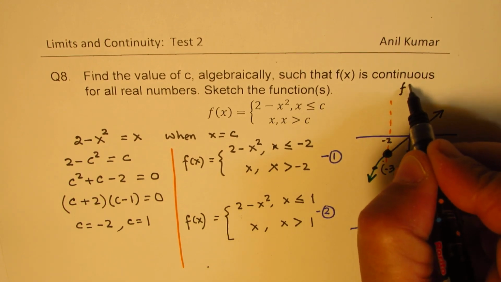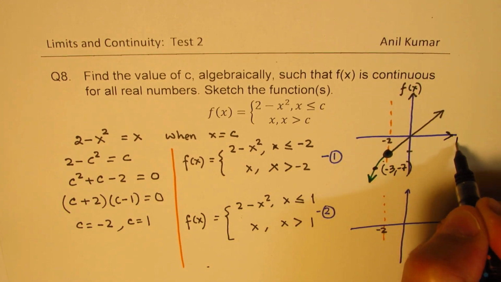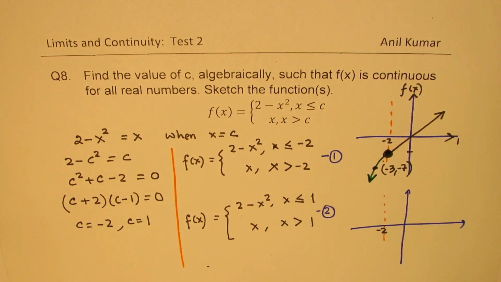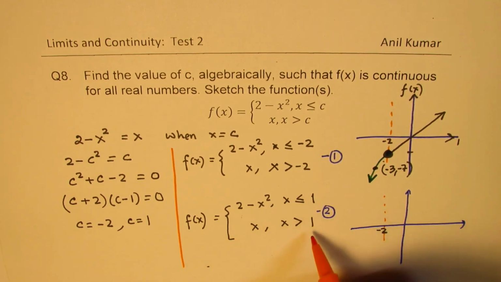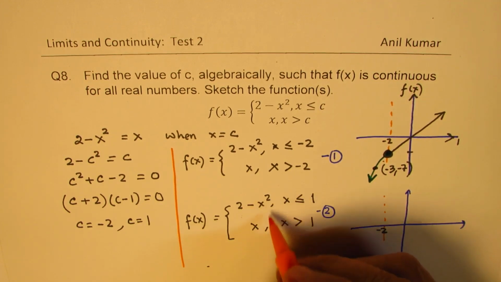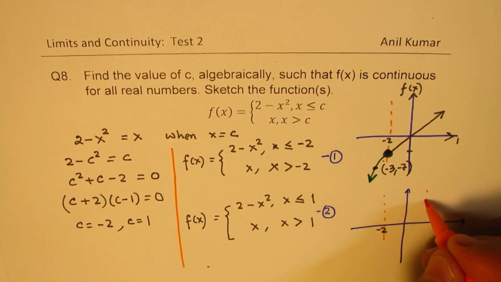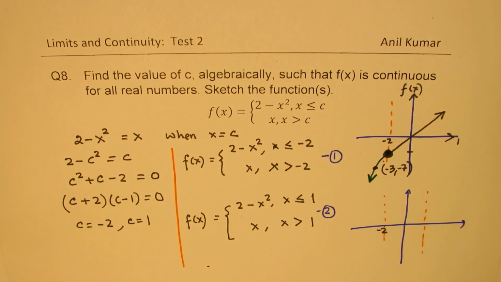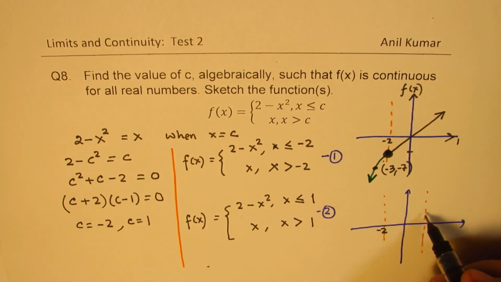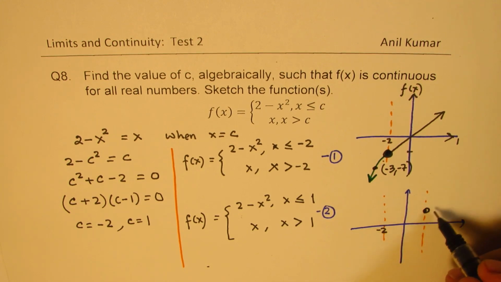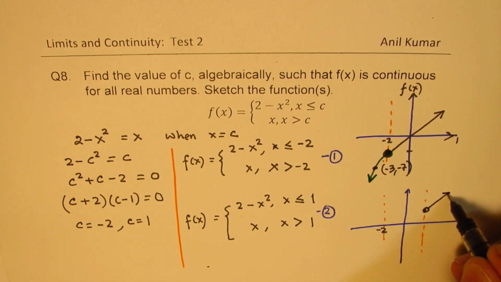So that is your function f of x, one possibility reflecting equation 1. The second one here is when x equals 1, then we have these two legs joining up, right? So this is the value of x equals 1. On the right side, at 1, the value is 1, so it is not filled in, and it's a straight line.